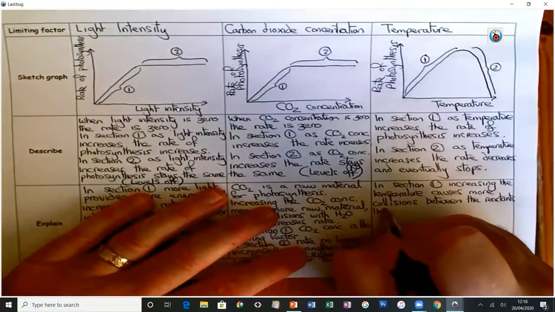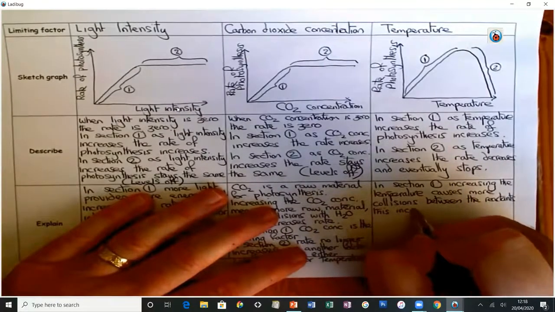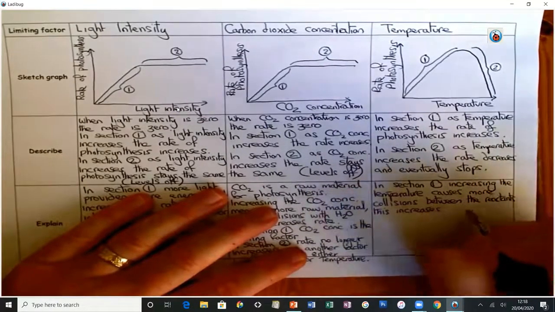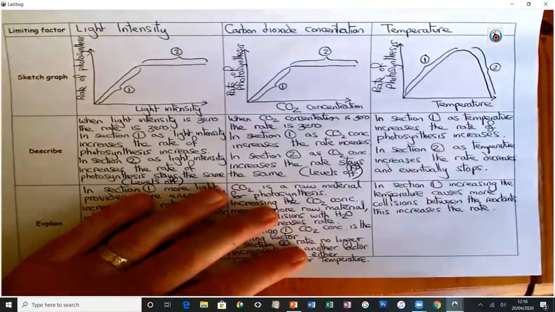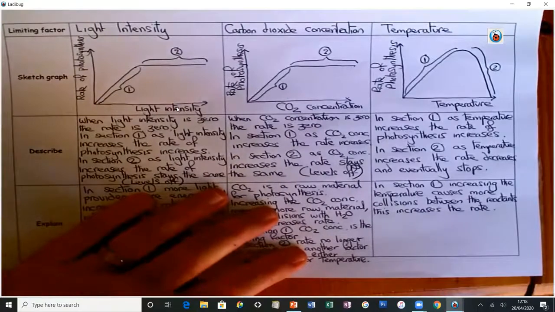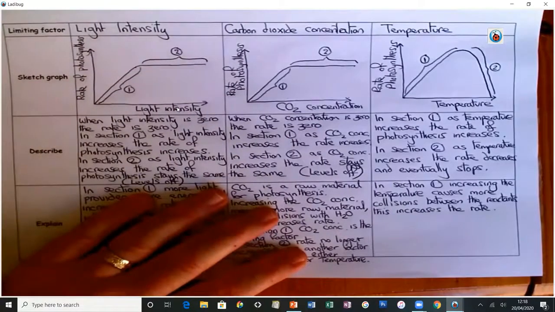This increases the rate of photosynthesis. Also, the enzymes involved in photosynthesis, they work faster because of the increased temperature.